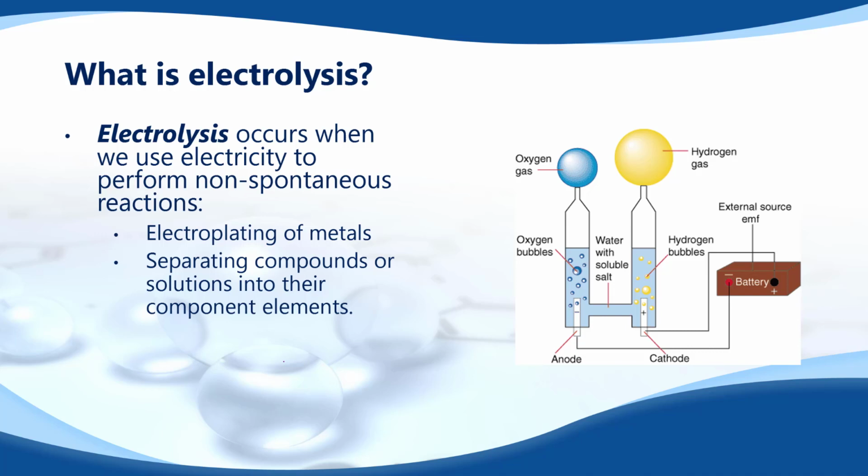So passing at least 2.36 volts of electricity through water will separate it into both hydrogen gas and oxygen gas in a 2-to-1 ratio. The 2.36 volts comes from the sum of the oxidation and the reduction half reactions.